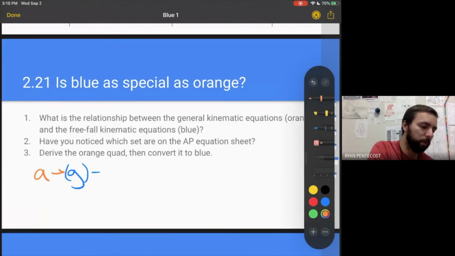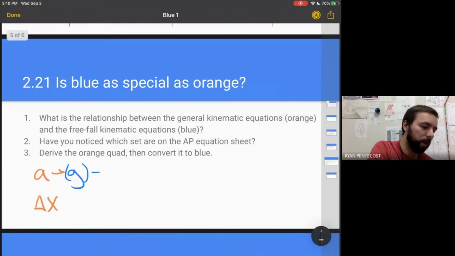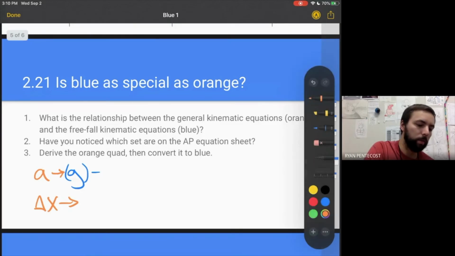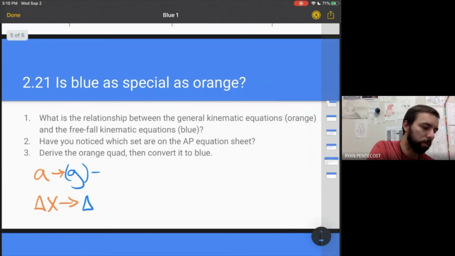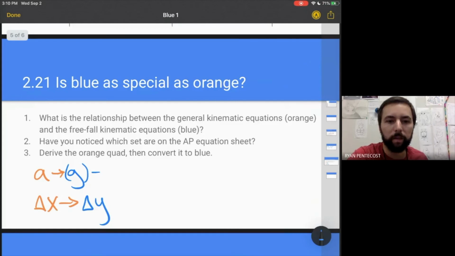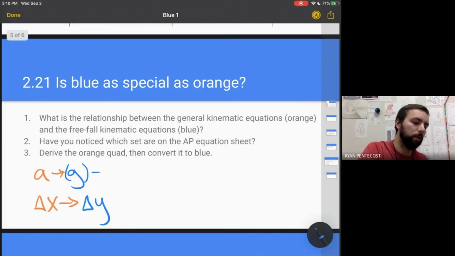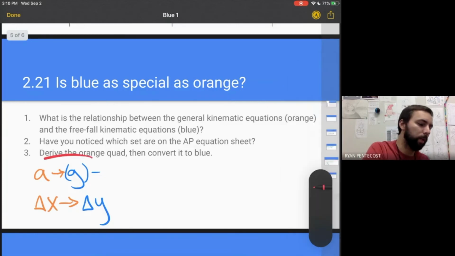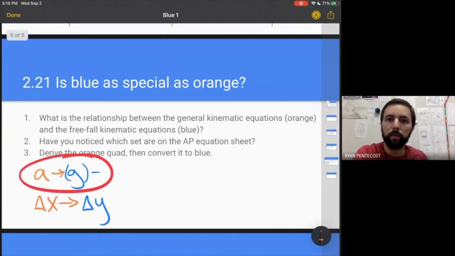Also, in the orange equations, you use delta x. In the blue equations, you use delta y. That's not an issue on that substitution. But here, this trips up a lot of people and can sometimes cause unnecessary confusion.